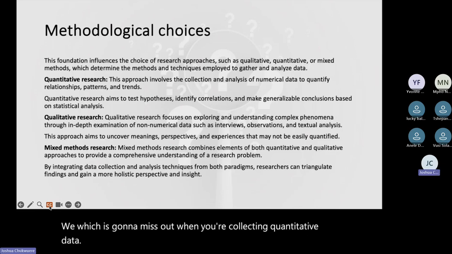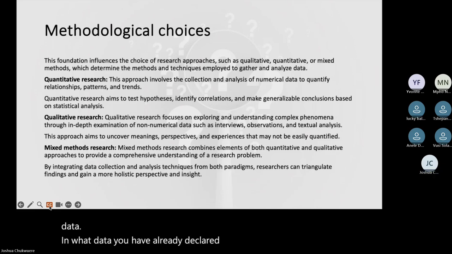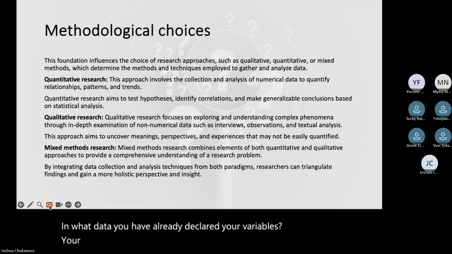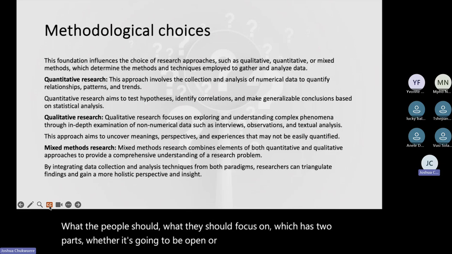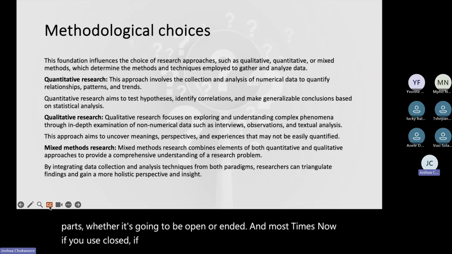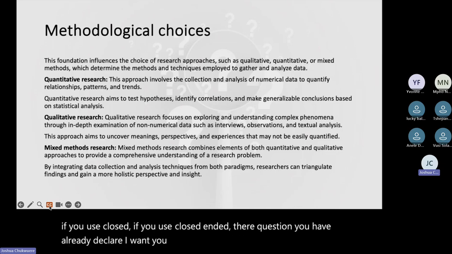In quantitative data, you have already declared your variables, your scales, what they should focus on, which has two parts, whether it's going to be open or close-ended. Most times, if you use a close-ended question, you already declare, I want you to select from this option.